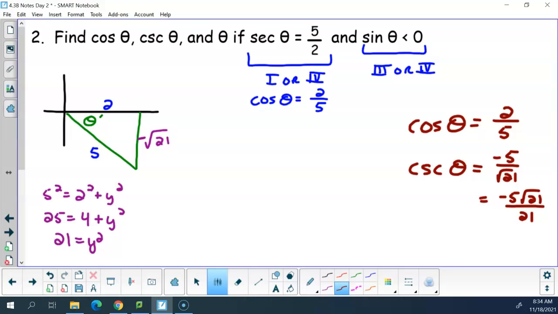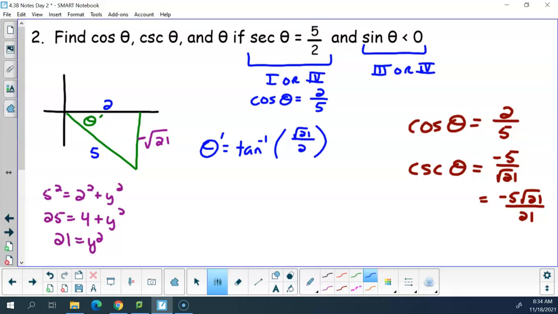Okay. Theta prime is going to be inverse tangent of, so that would be opposite square root of 21 over 2.